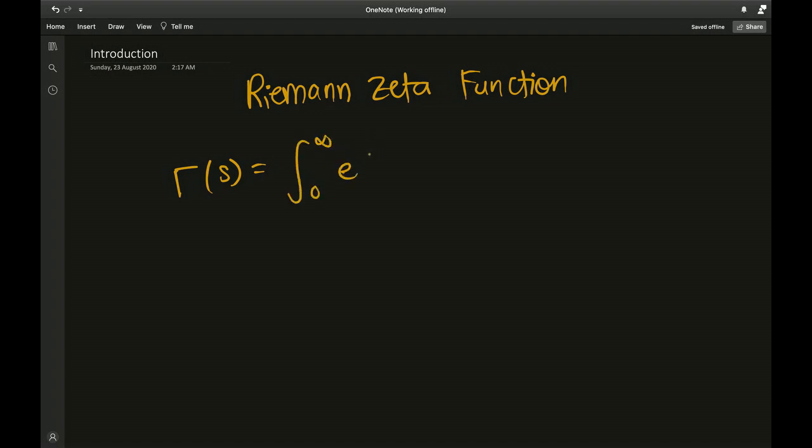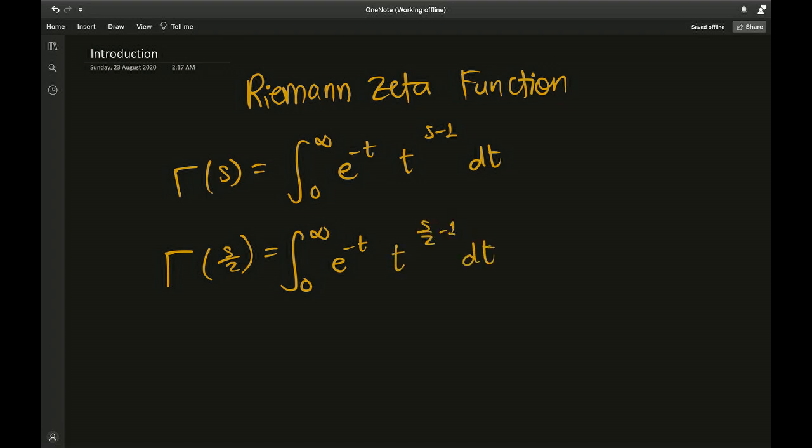So the integral of e to the negative t, t to the s minus 1 dt. Now just instead of s, I want to have s over 2. So integral from 0 to infinity of e to the negative t, t to the s over 2 minus 1 dt.